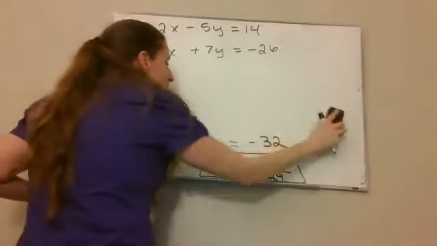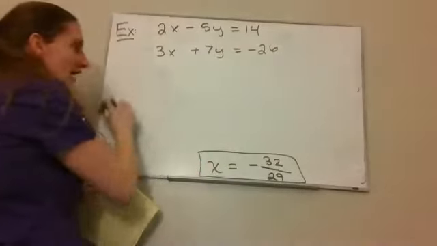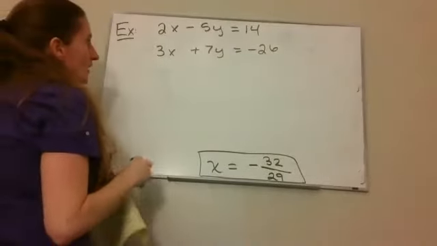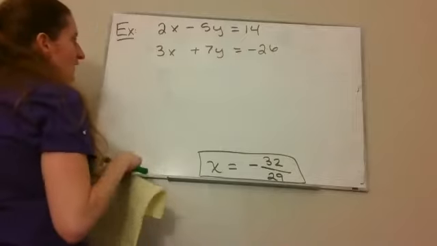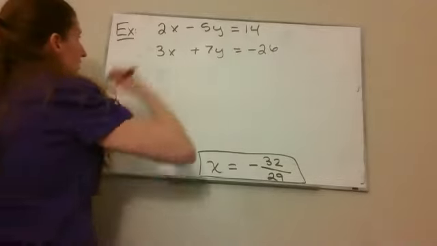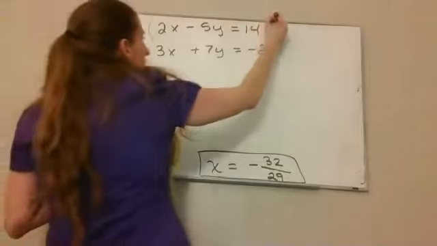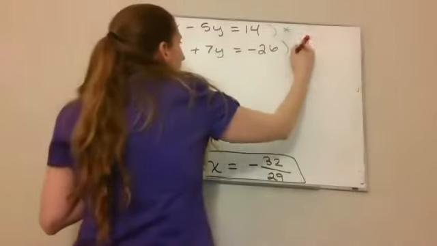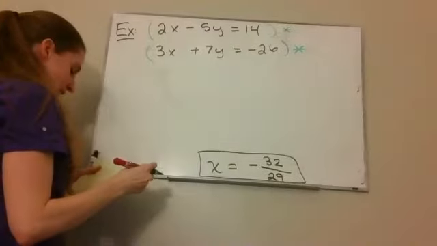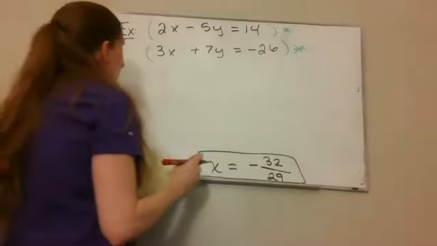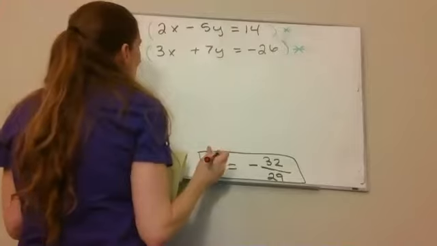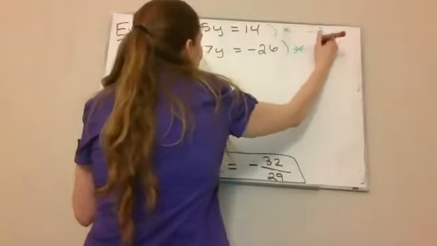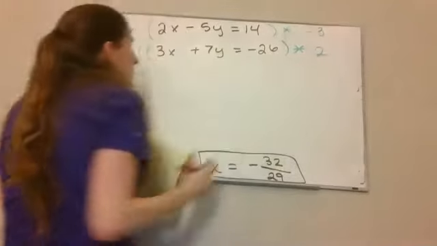This time, if I instead eliminate the x's, I'll get an answer for the y value. So if I wanted to do this again with elimination, multiply both equations by a non-zero constant so that my x's get opposite, I'll multiply the top one by negative 3 and the bottom one by 2.